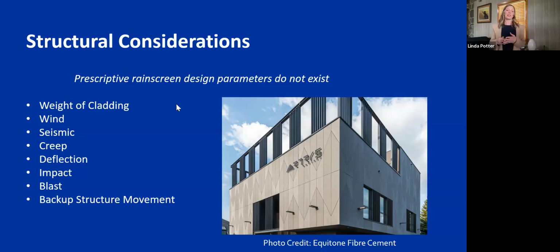Either way, we're thinking about the weight of the cladding, the wind, seismic, creep, deflection, impact, blast, the movement of your backup structure. All of those things go into how this is all going to come together in terms of spacing, fasteners, and those connections, which is always going to impact that thermal value as well. But it's going to vary per project.